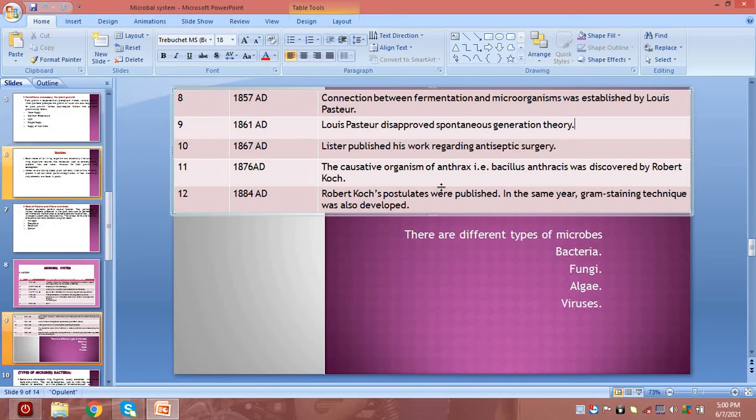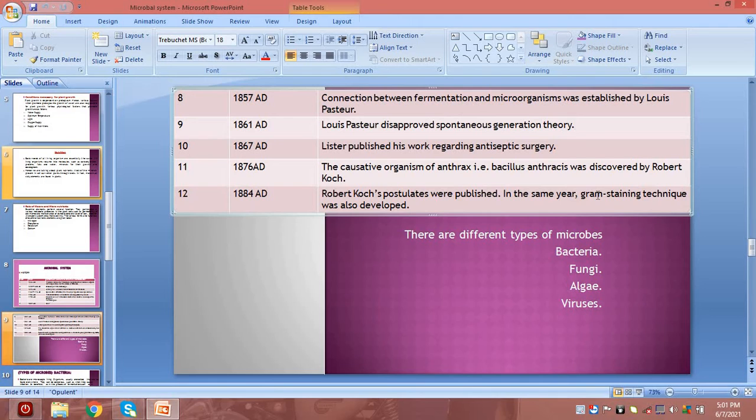Robert Koch's postulates were published. He gave the suggestions; postulates are nothing but suggestions. And in the same year, the gram staining technique was also developed. The gram staining technique we use here to give color to the bacteria.